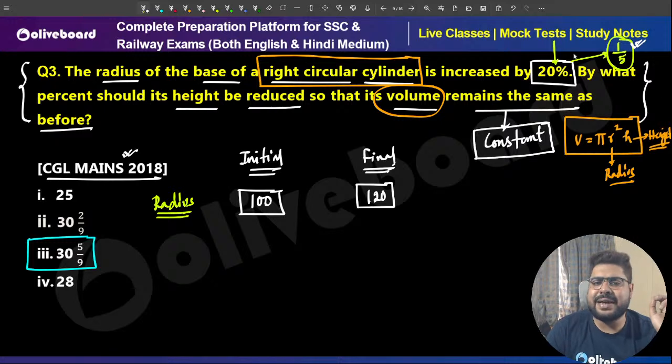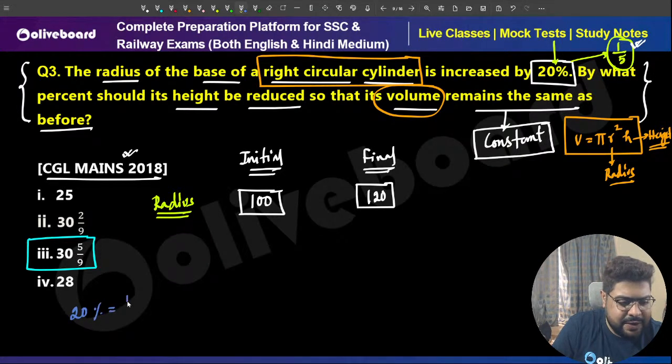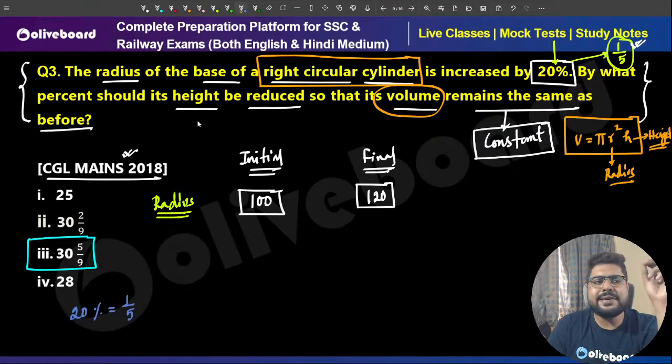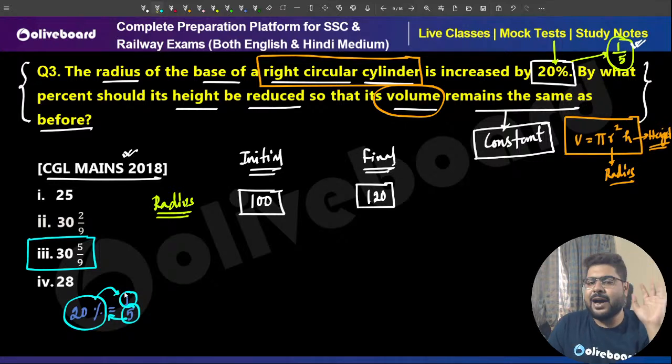Why? I told you in the percentage class that 20% is equal to 1 by 5. Always think like this: 20% of this denominator, that is 5, is 1. This is how to use the ratio method.